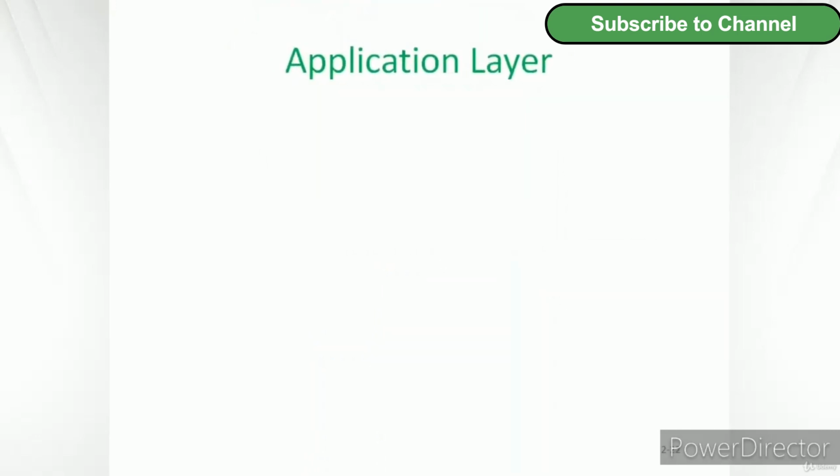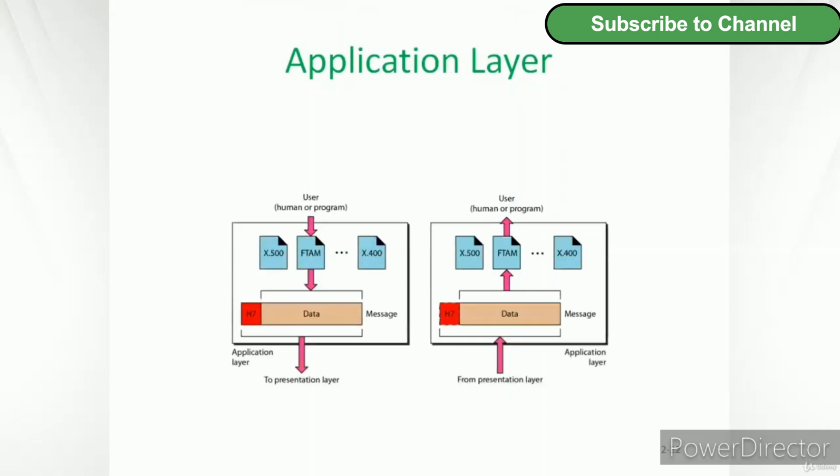Then the application layer. You can see the diagram for the application layer. It is a user, human, or a program, which gives the services to the presentation layer, and then from the presentation layer to the application layer.